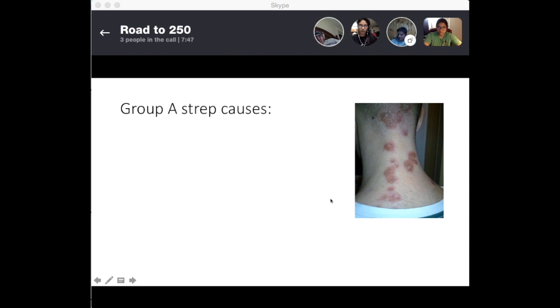Cellulitis, that's one. Gas gangrene. Okay, so you're talking about like necrotizing fasciitis? Isn't it Clostridium perfringens that causes gas gangrene?